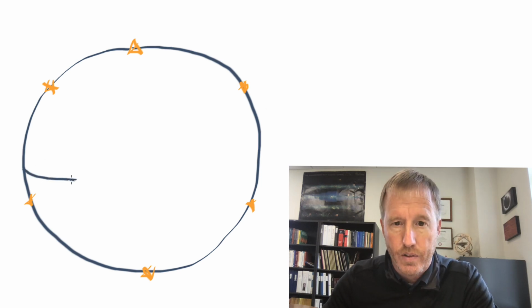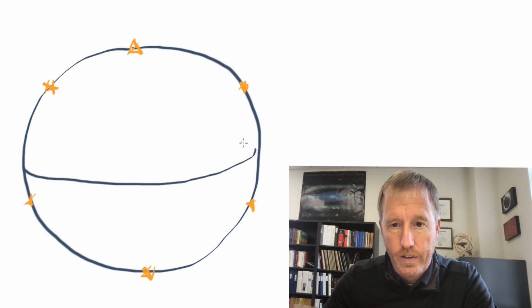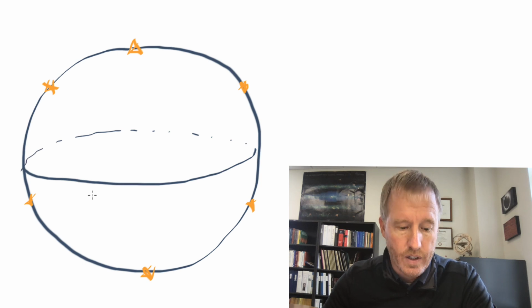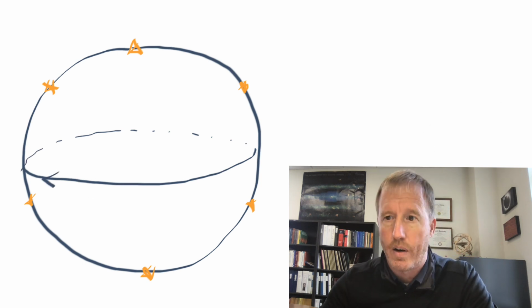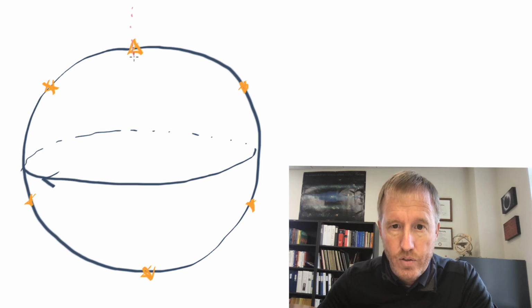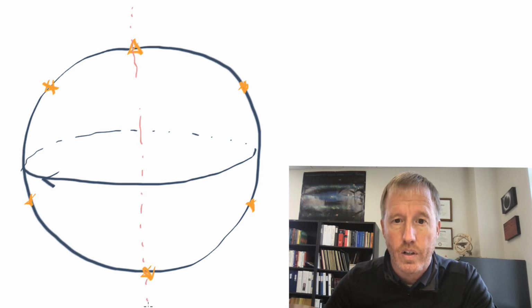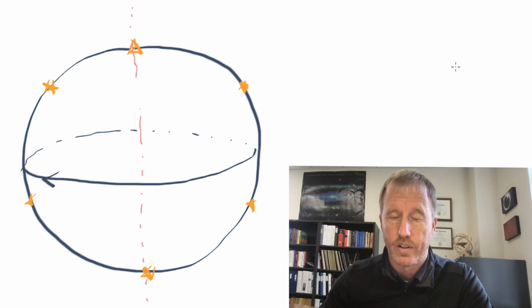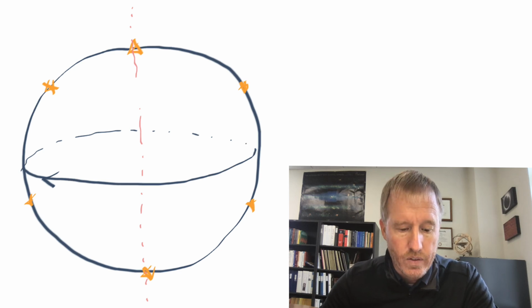Once again, I'm going to draw the celestial equator around here, like this. I'll put an arrow on this to indicate that this sphere is rotating around from east to west. I'll draw a vertical line representing the axis of the celestial sphere. And now, let's draw another sphere on the inside of it.